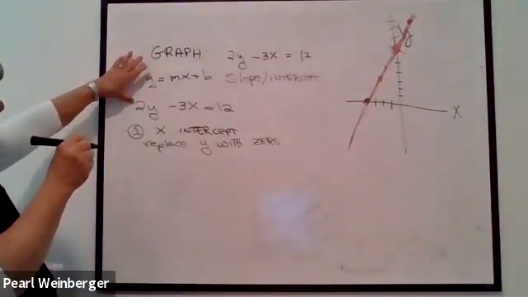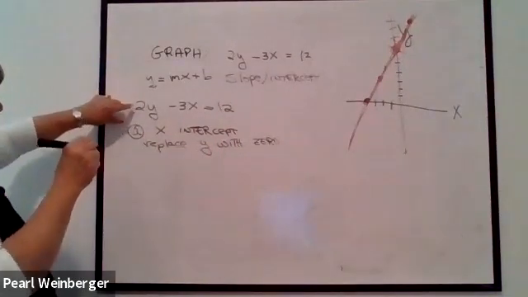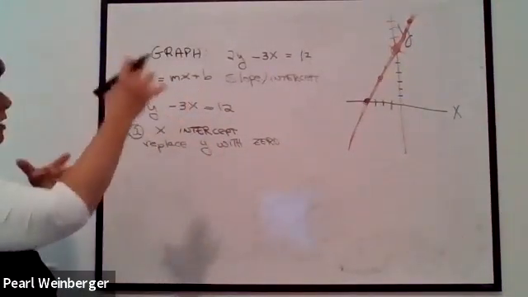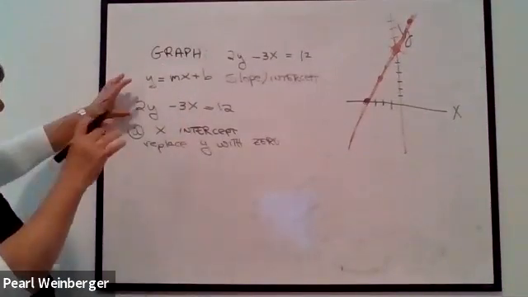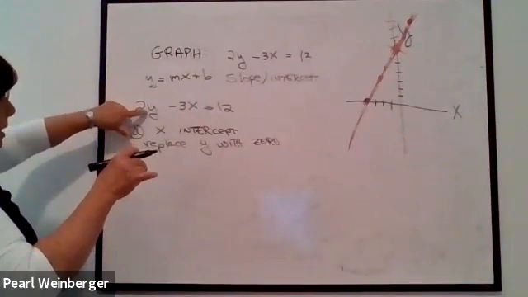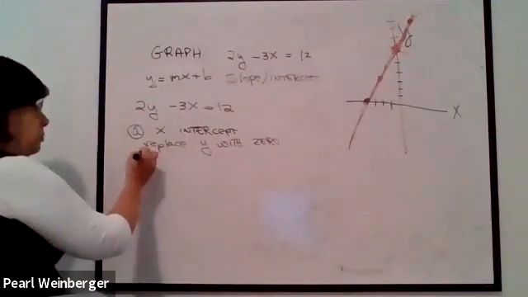So if I were to take this equation and I wanted to find the x-intercept, I hadn't graphed anything, I'm just starting with the equation. All I have to do is take the y and replace it with 0.